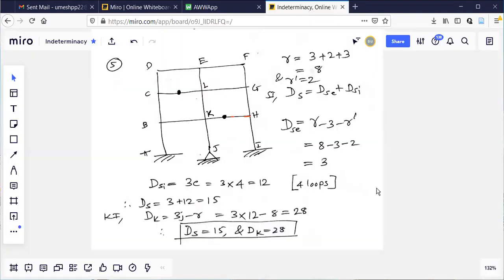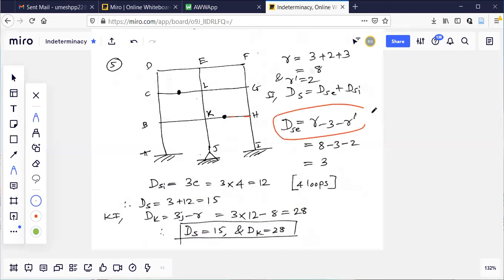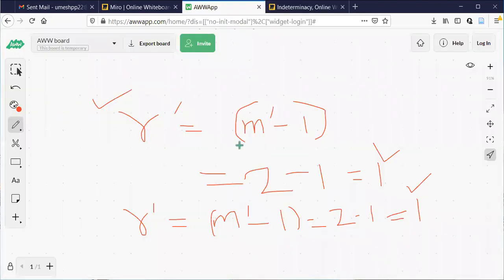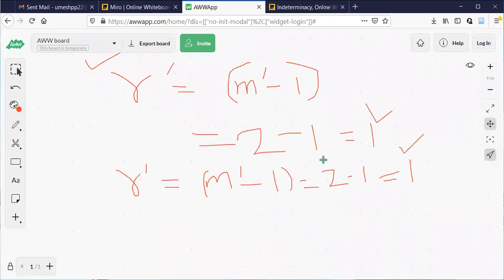Now we observe here. That is why you can see R dash is taken as 2. Just observe this. In this formula, R dash is equal to 2. Why? Because of this. I'll just repeat, observe here. I'll just modify this formula now.